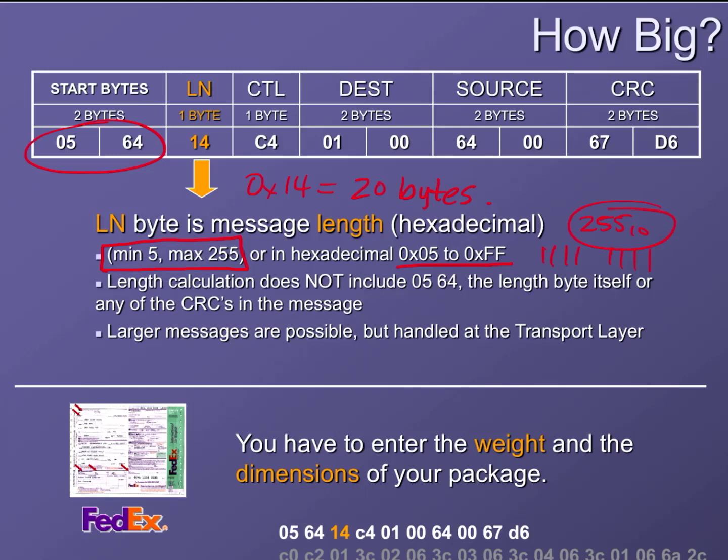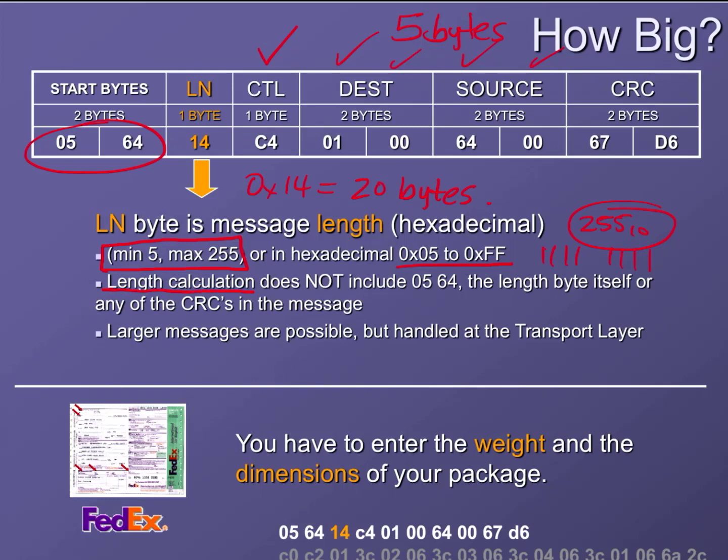So why a minimum of 5? Well, the smallest DNP message that's possible is a data link header message only, and that's where I talked about that kind of being like a ping. When we only have a data link layer message only, it means that the usable bytes within that message are only the data link control byte, the destination address, and the 2-byte source address. So altogether, that gives us a total of 5 bytes, because remember, the CRCs don't count, and the start bytes and the length byte don't count either.